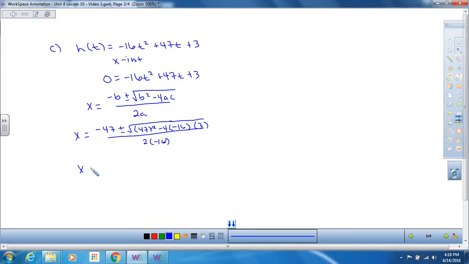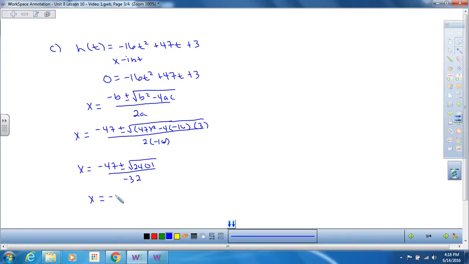Remember, we just do what's underneath the square root first. If you type in 47 squared minus 4 times negative 16 times 3, you get 2,401. 2 times negative 16 is negative 32.